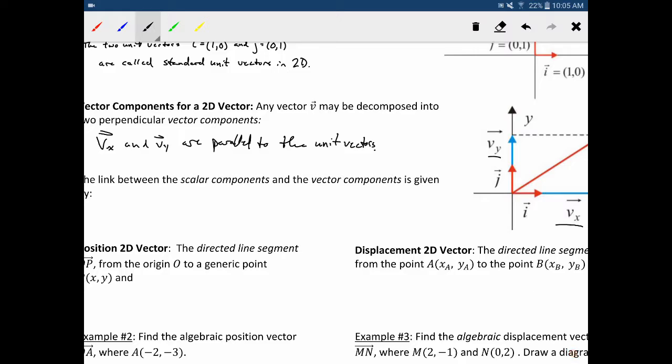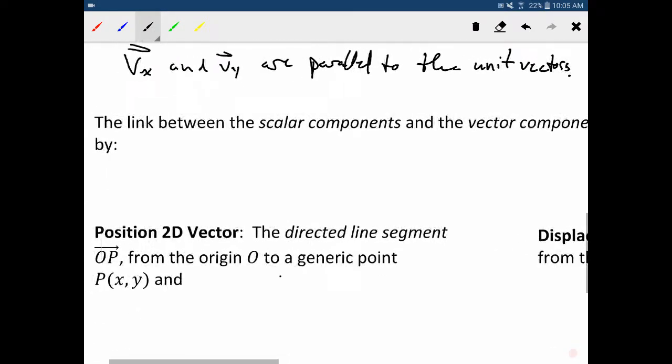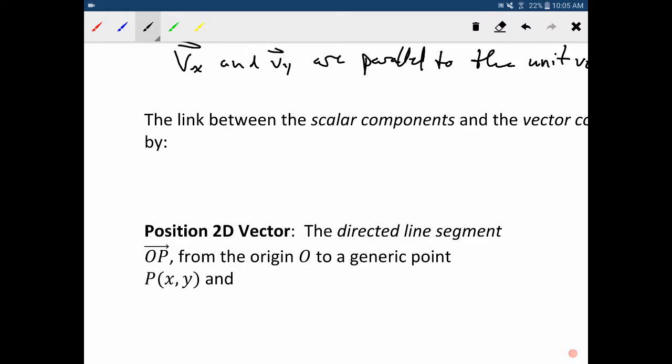So the vector v is equal to the two component vectors Vx and Vy.